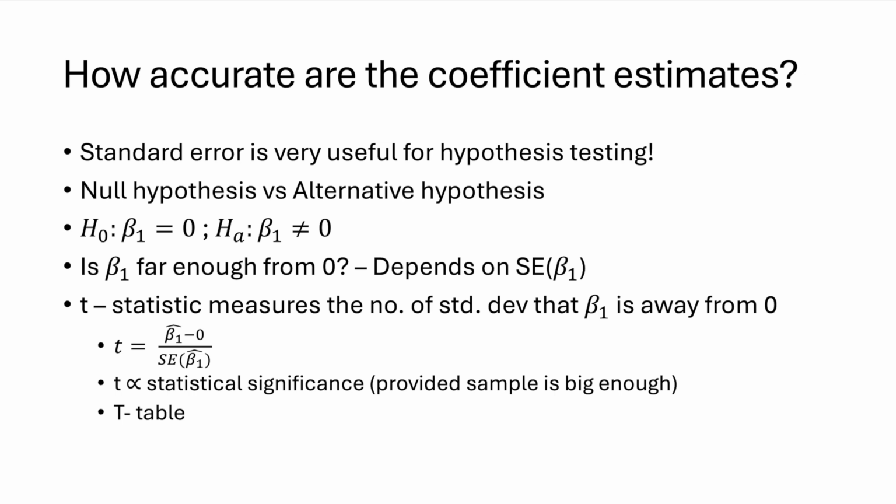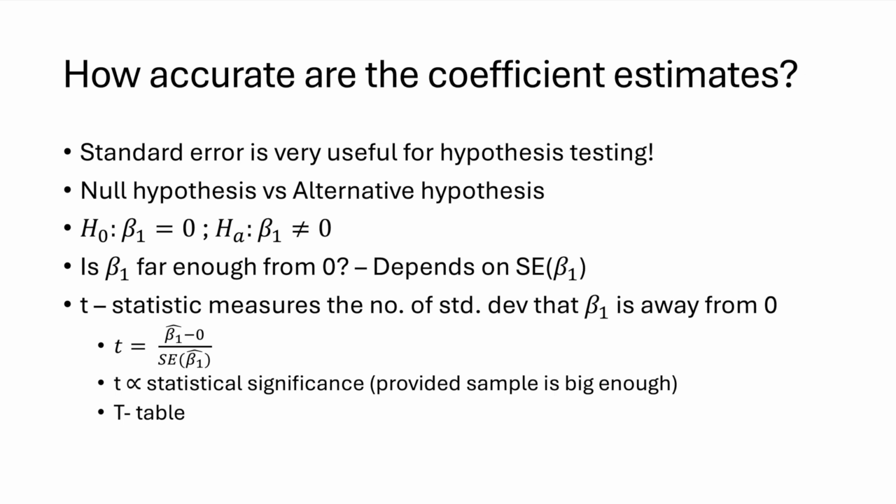The null hypothesis states that the slope is equal to 0, meaning that no linear relationship exists. Which makes sense, because if there is a linear relationship between X and Y, then for every unit increase in X, there should also be a proportional increase or decrease in the value of Y.